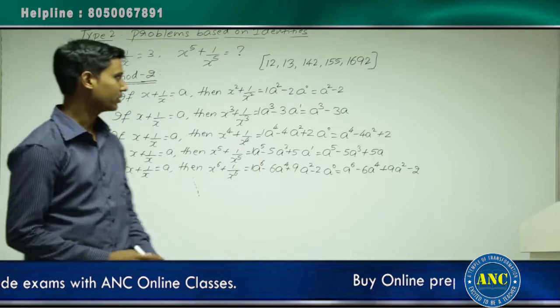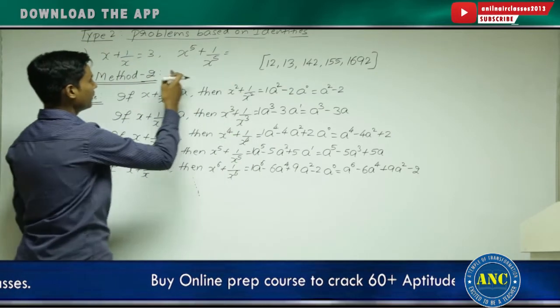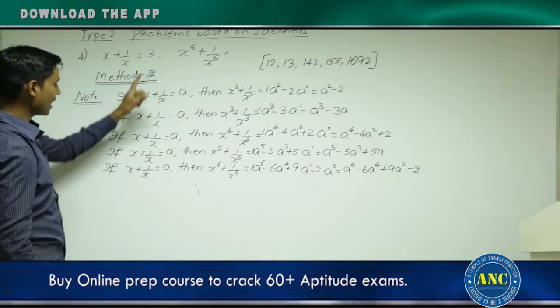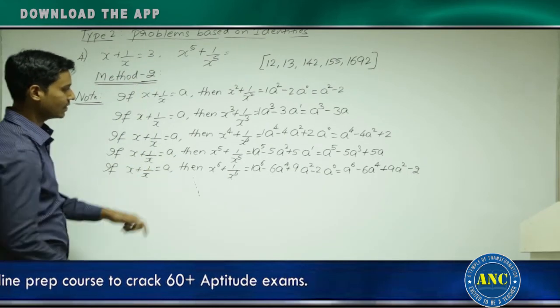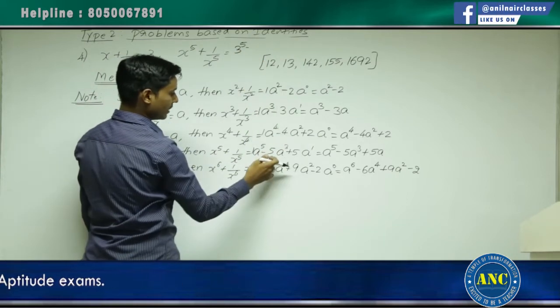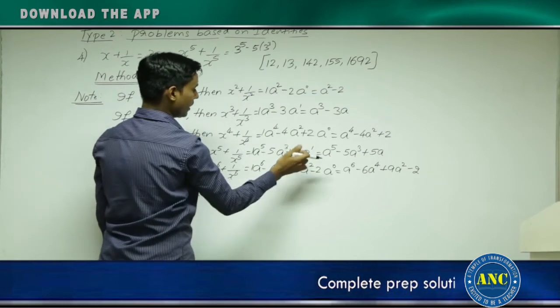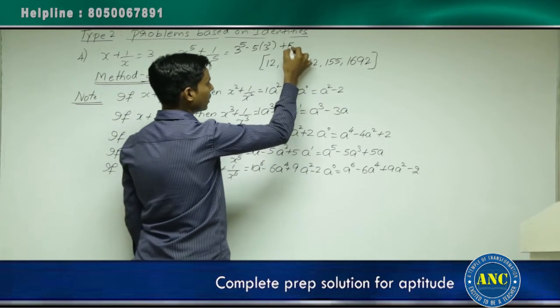Clear with the approach? Now see here. I want to find x power 5 plus 1 by x power 5 value. In this example a value is 3. Substitute here. It becomes 3 power 5 minus 5 into 3 power 3 plus 5 into 3.